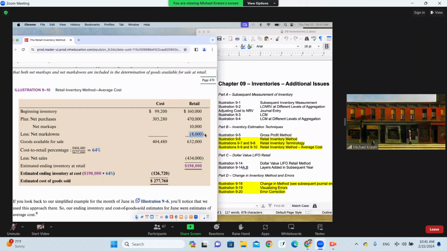The 10 and the -8 are the only differences between what you see on the screen and the first example we reviewed today.